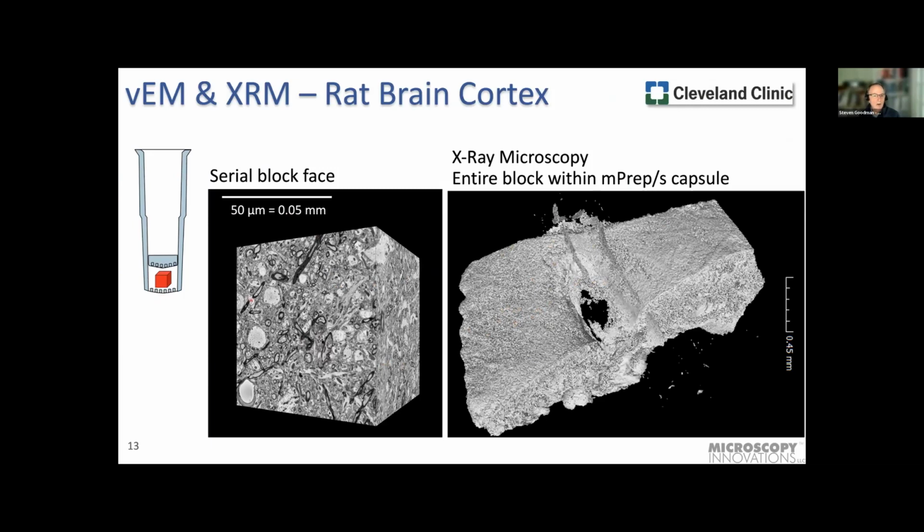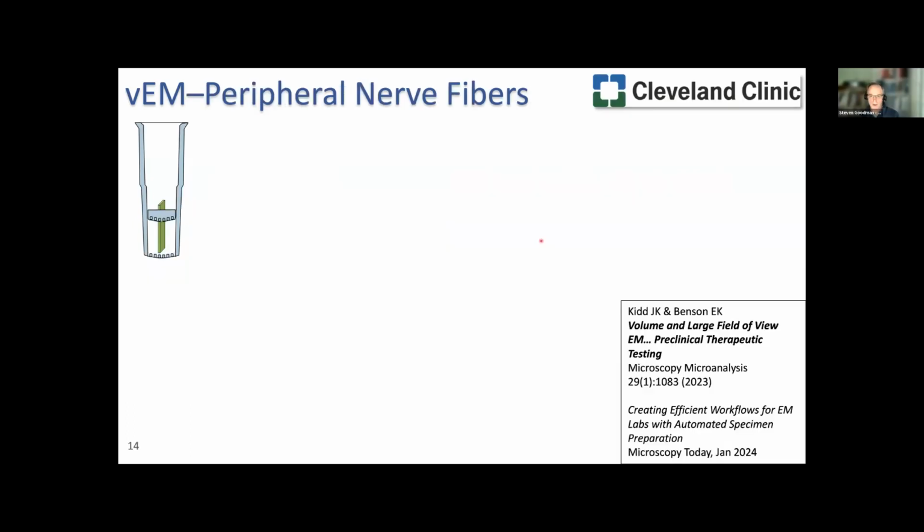The entire specimen that's embedded in resin in the capsule was examined by X-ray. So one can do correlative microscopy with these samples within the specimen capsules, which provides a nice amount of convenience and sample integrity, and to be able to do this correlation over a very wide spatial range.